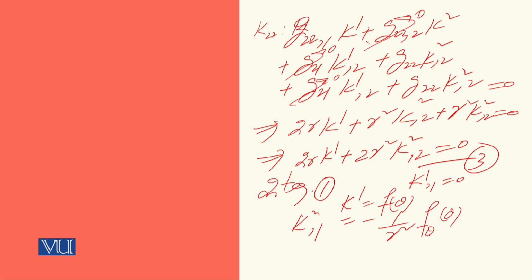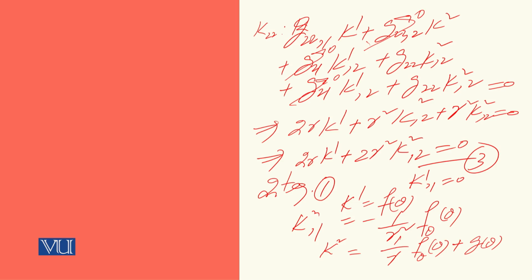Here f subscript theta means the derivative of f with respect to theta. So now we integrate it so that we can write down k2. When we integrate it, we have 1 over r f theta, theta remaining unchanged because it depends upon theta, plus some arbitrary function g theta, another arbitrary function. So in this way we have written k1 and k2, but we have to find the values of f theta and g theta.